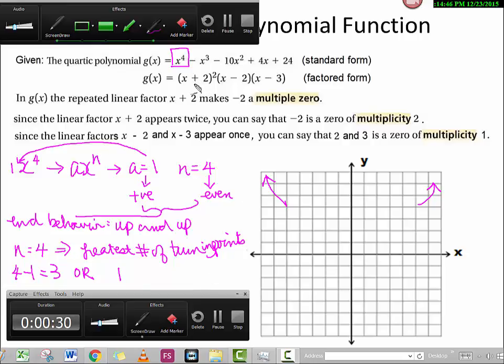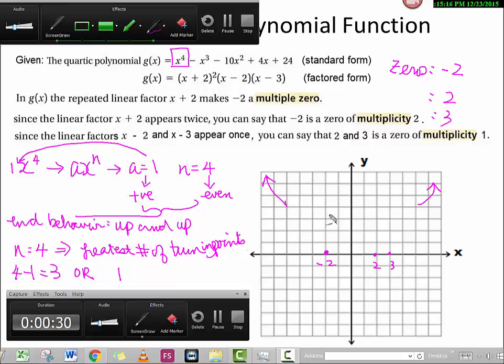And here we know the zeros are -2, so I put the -2 right here, and then I have 2, so I put 2 right here, and then I have 3, I put 3 right here. So these are the zeros. One more time, -2, 2, and 3.